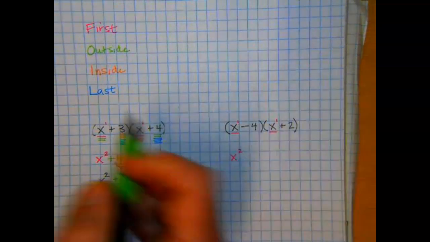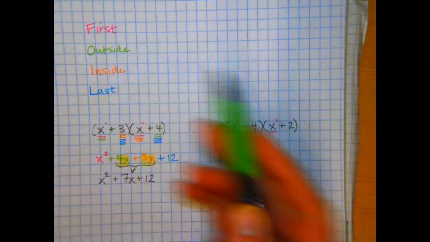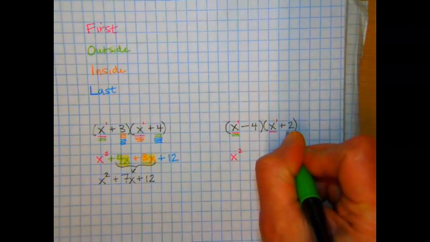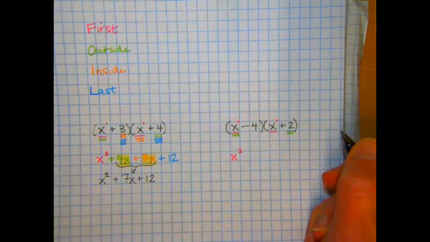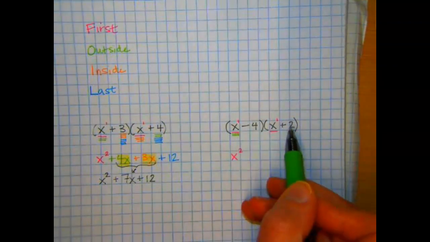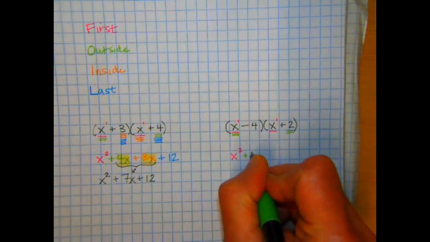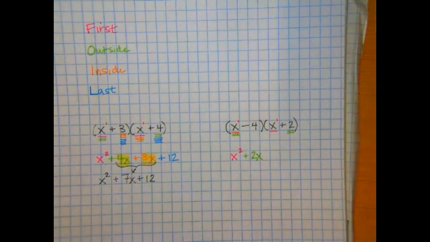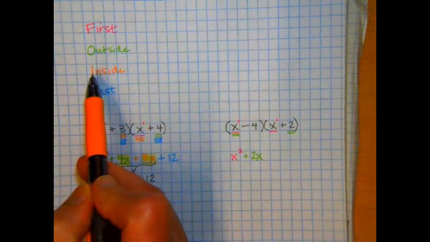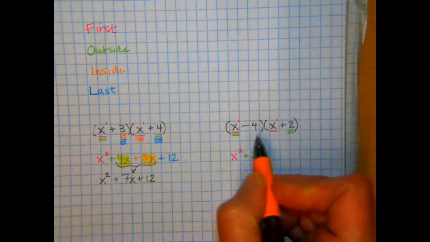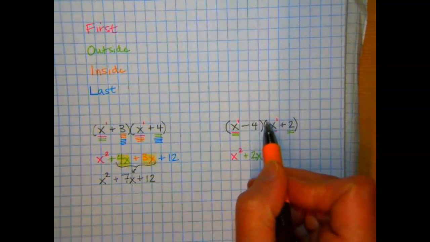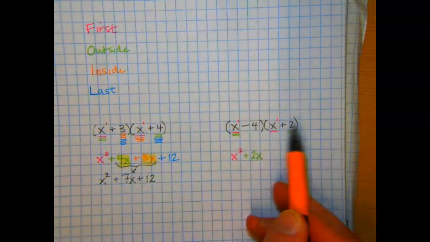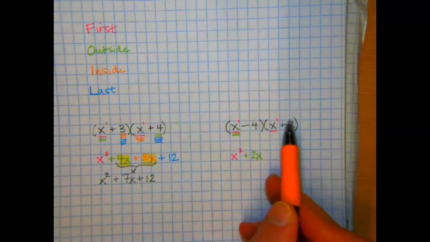Next, we do outside. I have my outside term here and my outside term here. So x times 2 gives me a 2x. For my inside term, remember, with the outside we were looking at the bookends, the very outside part of the whole thing.